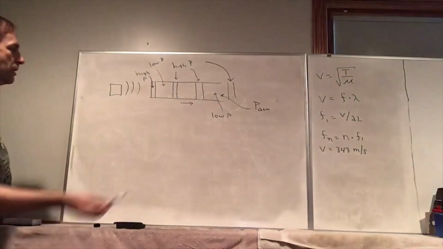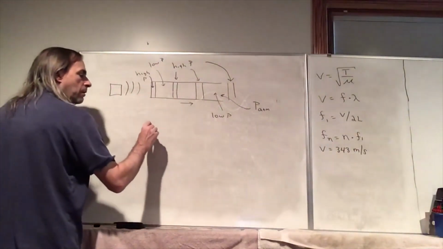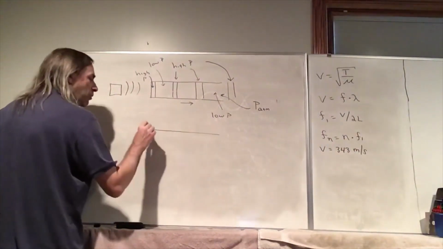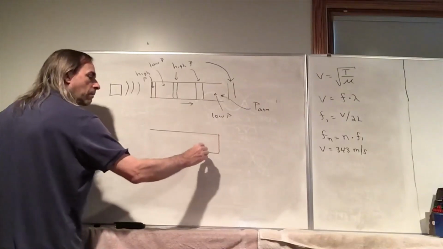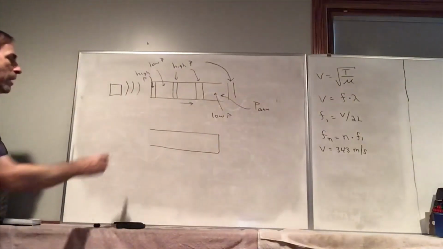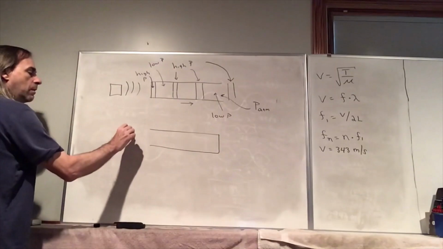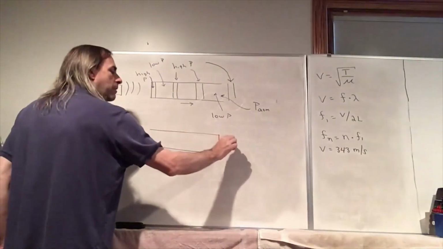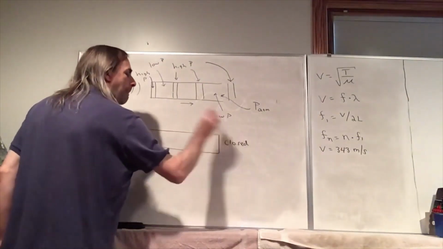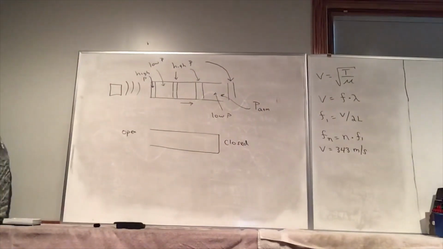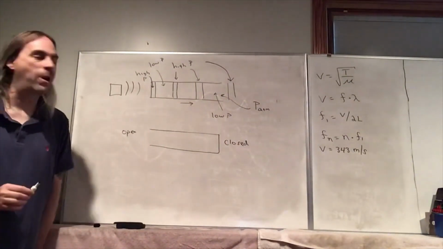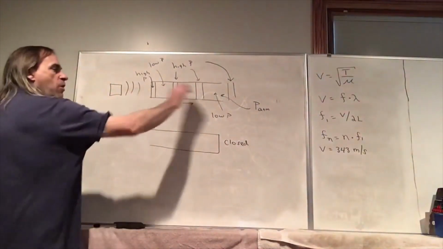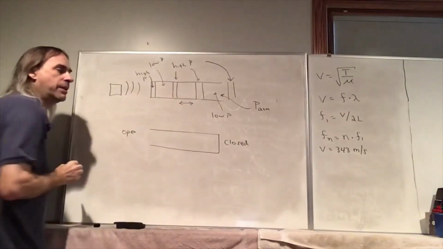However, there's two things we need to consider. I'm going to draw a tube like this. So in this tube, one end is open and one end is closed. Now remember, sound waves are longitudinal waves. We have this wave moving back and forth in this tube.